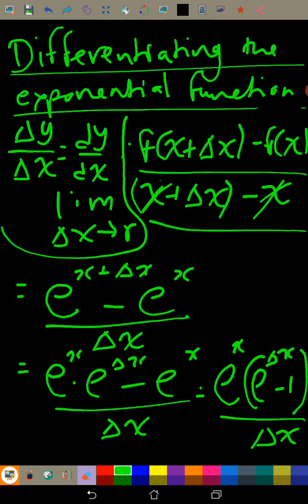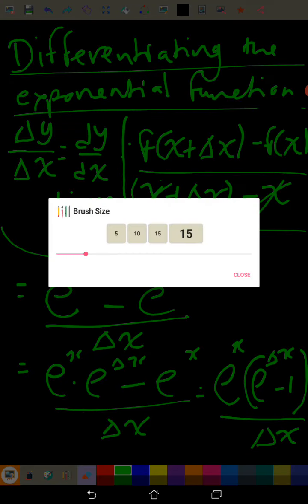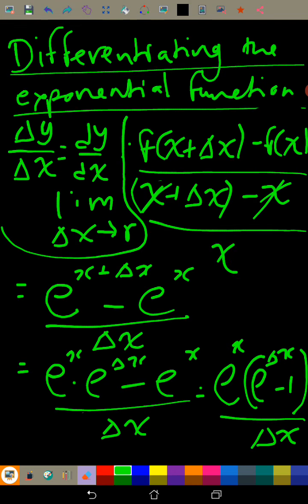What we know is that, let me write this, delta x tends to 0. So this tends to 0. If we have a very small thing here and a small thing here, so this is almost 0.